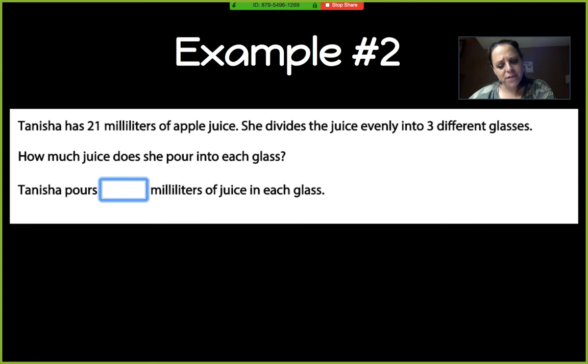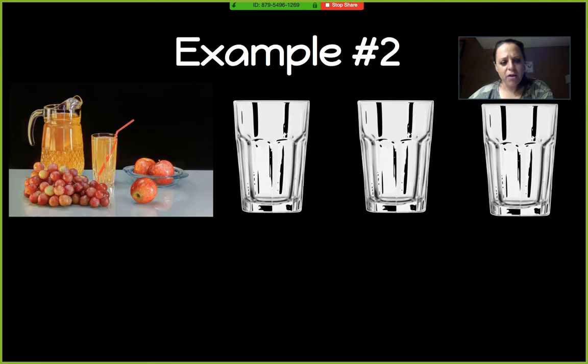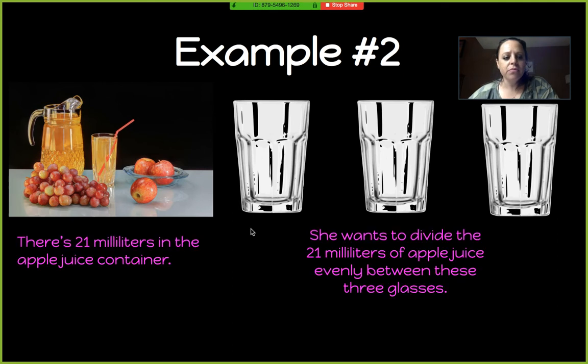Let's start by visualizing. All right, so I'm imagining, here's her pitcher of juice, and then she's got 3 empty glasses. So I'm going to pretend there's 21 milliliters in this pitcher. She wants to divide the 21 milliliters between these 3 glasses.